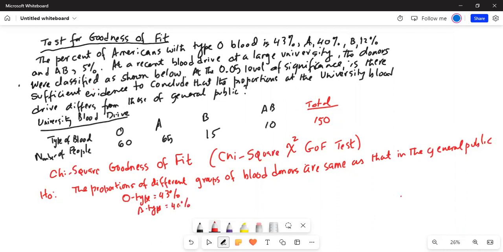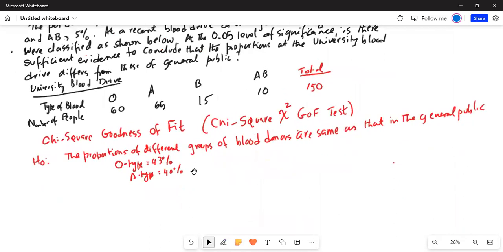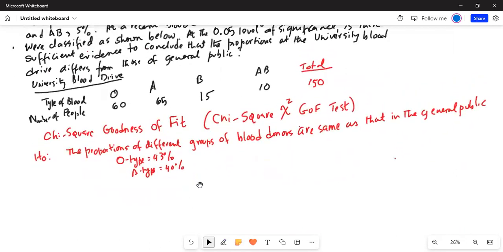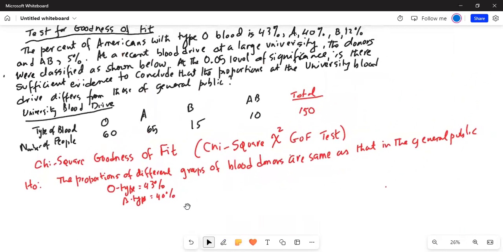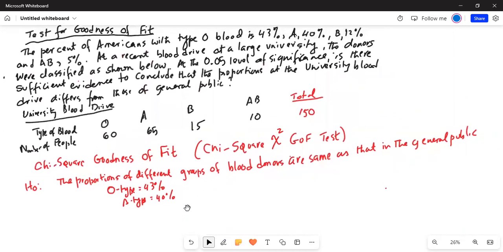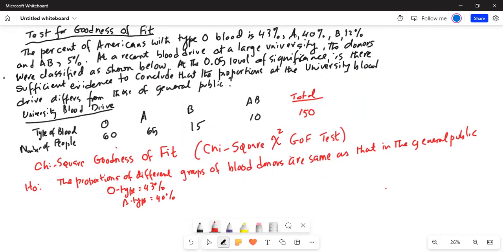and I'll create some more space. B type 12%, and AB is 5%.